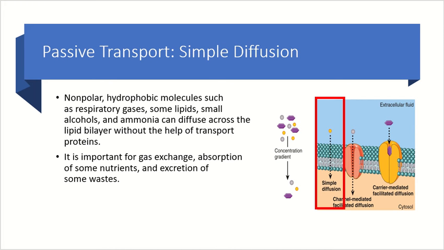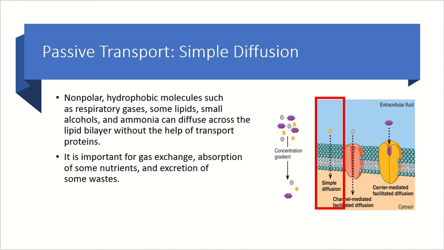So, for starters, we have simple diffusion. This is our first type of passive transport. This is when nonpolar hydrophobic molecules, such as respiratory gases, some lipids, some small alcohols, as well as some ammonia, are going to be able to simply diffuse across the lipid bilayer without any need for transport proteins.